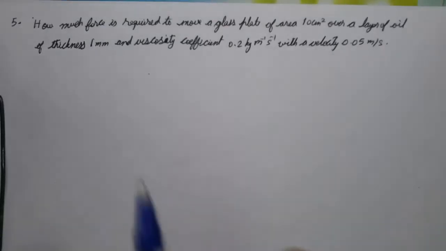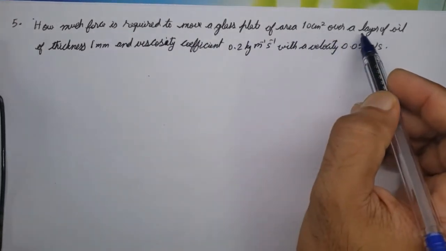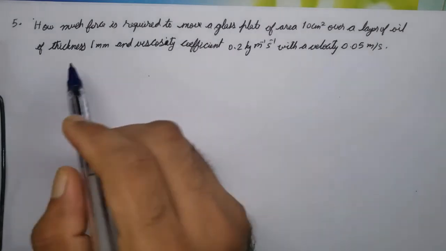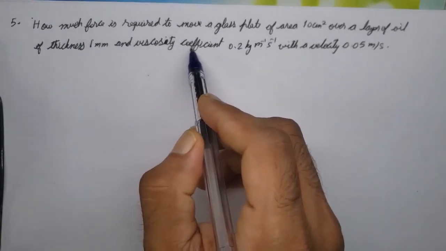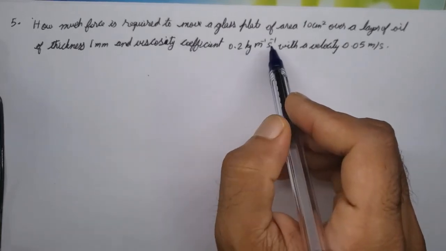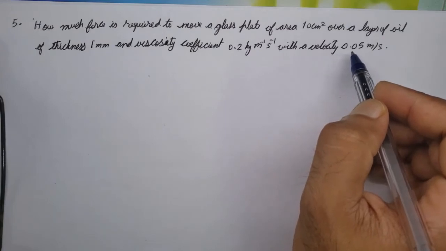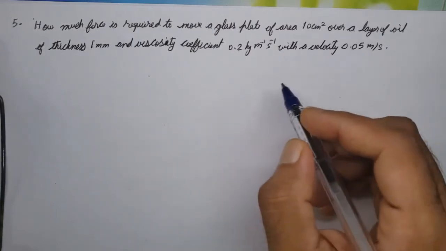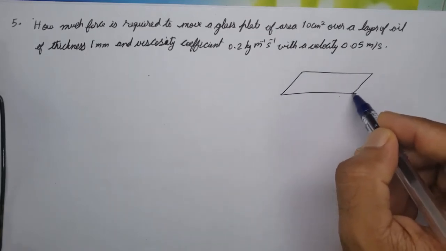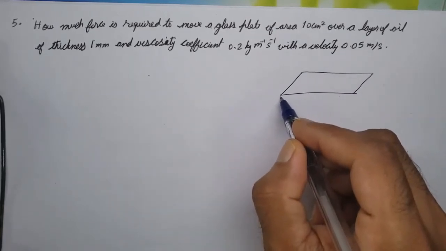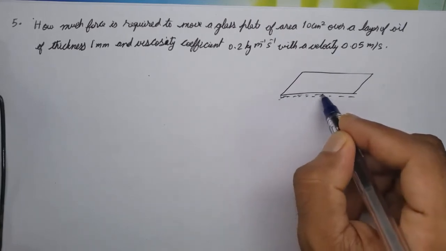Question number 5. How much force is required to move a glass plate of area 10 cm square over a layer of oil of thickness 0.1 mm? The coefficient of viscosity is 0.2 kg per meter per second, with a velocity 0.05 meter per second. Here there is a glass plate placed on a layer of oil.